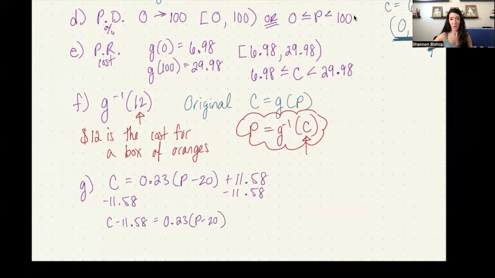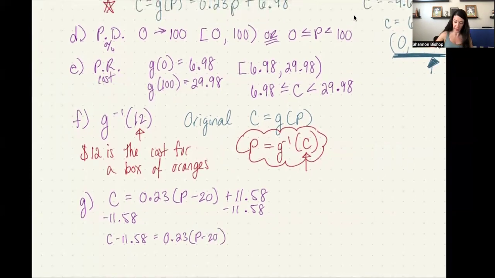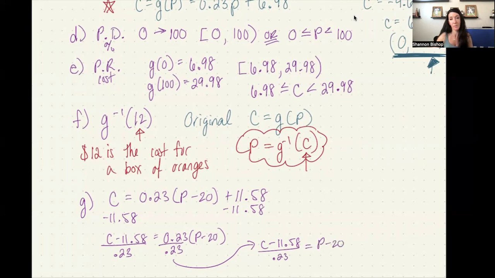Okay, I've still got my focus on that variable, so I'm going to divide off the 0.23. So now I'm at C minus 11.58 all over 0.23 is equal to P minus 20.